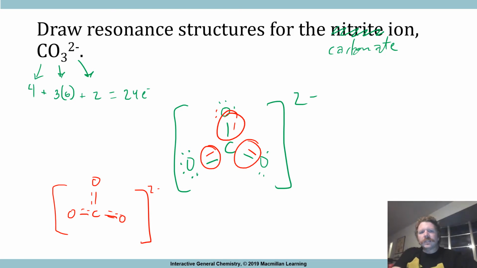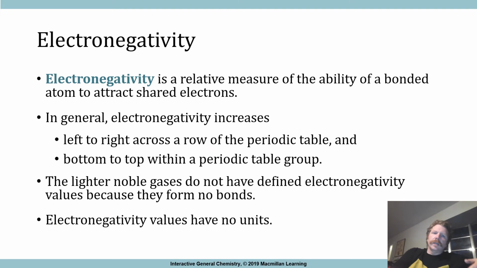The next concept I want to talk to you all about is electronegativity. Electronegativity is a measure of how much an individual atom within a molecule wants shared electrons. So it's not going to be a 100% equal sharing.